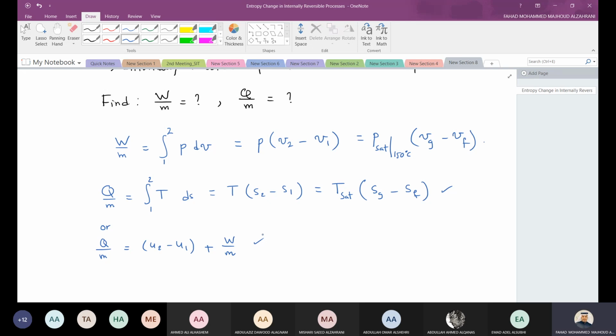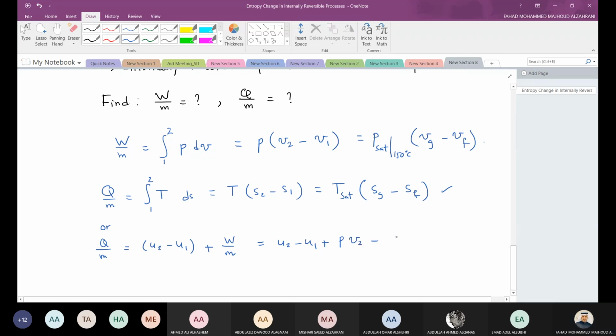Let's look here. The other thing, guys, one last thing: this method also, this work, if you notice, I can rewrite this equation, which is the last one I wrote here, equals u2 minus u1. The work, what did we say? P delta V, right? Plus P v2, right?